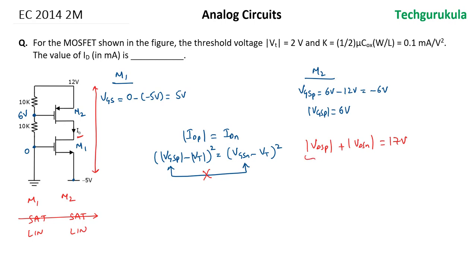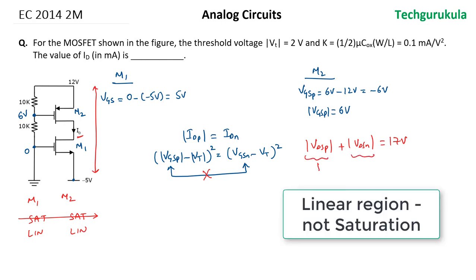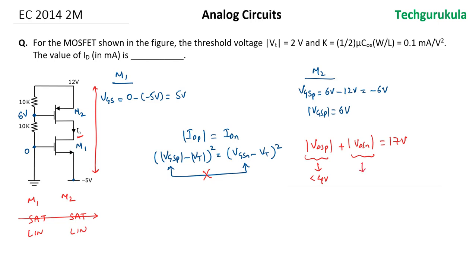If both the transistors are in saturation region, this should be less than 4 volts and this should be less than 3 volts, which means overall the sum of them should be less than 7 volts, which is not possible because the voltage across the two transistors is 17 volts. So even both being in linear region is not possible, which means one of them can be in linear and one of them can be in saturation region.